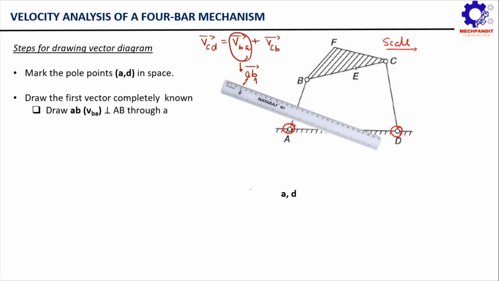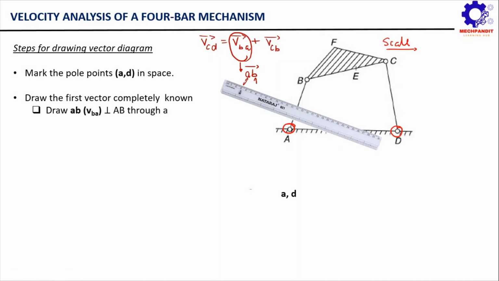Now that is the importance of drawing the configuration diagram first, because it will help you to figure out the direction of vectors. So now we know that this VBA vector will be perpendicular to AB, and also we know that this VBA vector is going to point towards this side, the right side, correct?